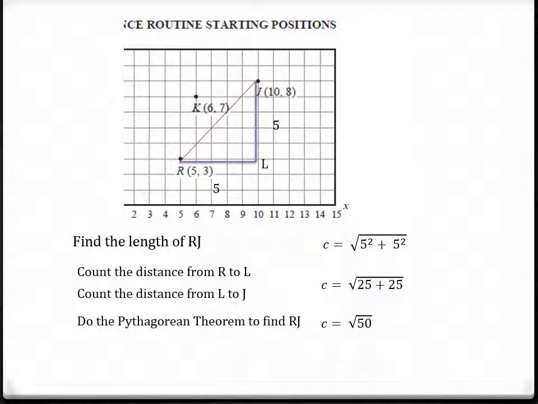Now the square root of 50 can be simplified, and if you forgot how to simplify your radicals, we will work on that in class. This comes out to be 2 square root of 5 because there are 2 25s when you multiply. So therefore, we get 2 square root of 5, or you can change it to a decimal.